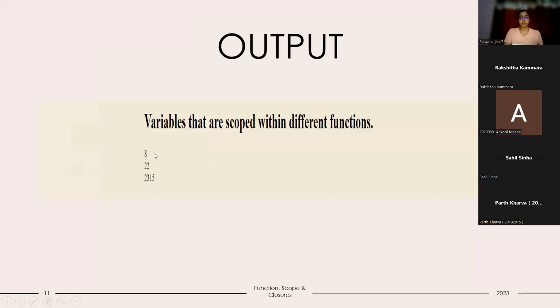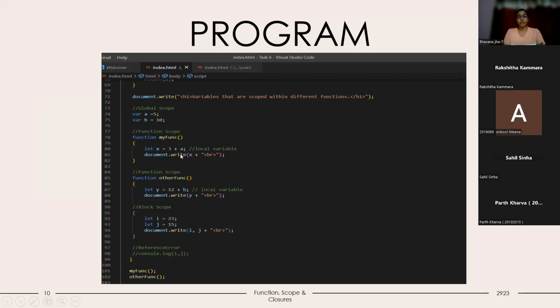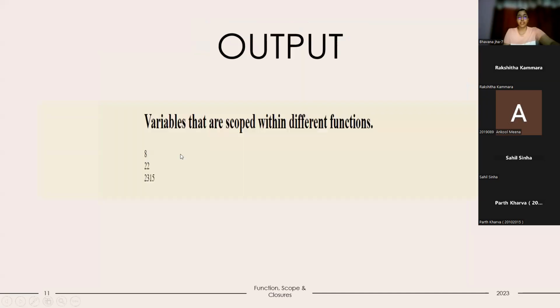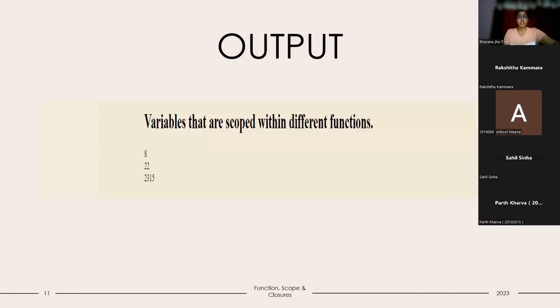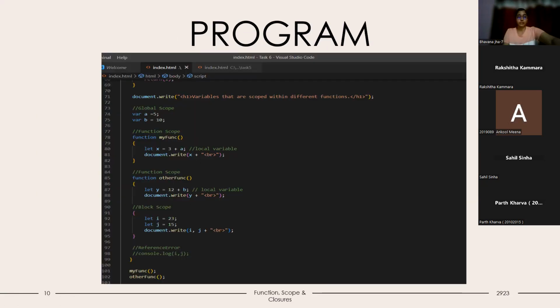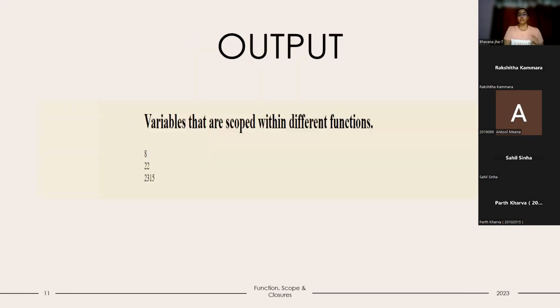In the first case, in myFunction, the output will be 8, and in the second case, otherFunction, the output will be 22. In the case of the block scope, the variables 23 and 50 will be the output. So this is the overall concept of scope in JavaScript.